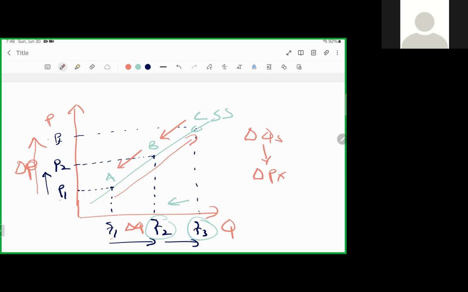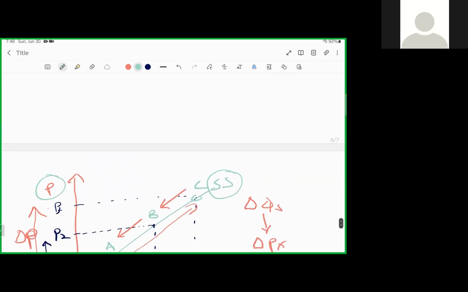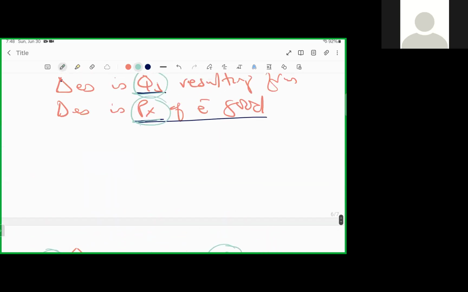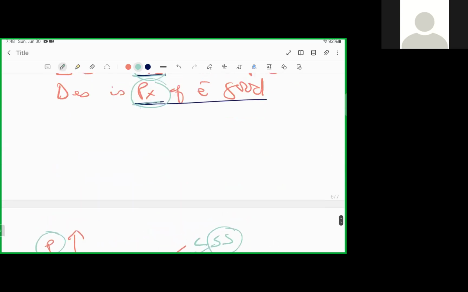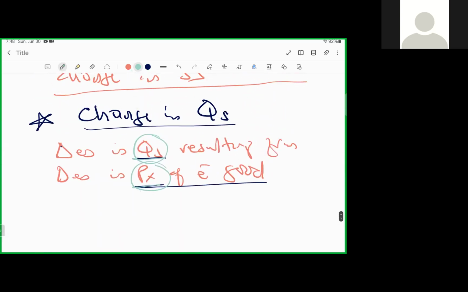What you are seeing here is that we are still on the same supply curve, SS, but the amount of quantities is what is changing, because the price of that particular good is changing. So in this particular case, we are referring to this change as a change in quantity supplied.